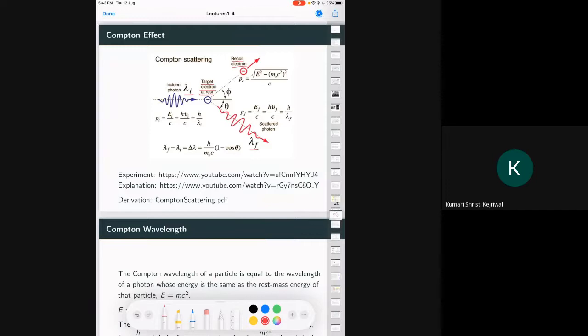Then using the principle of conservation of energy and momentum, you can find out how much the wavelength of the light shifts, what angle the electron will be deflected by, what angle the light will be deflected by, etc. So this is the Compton effect.